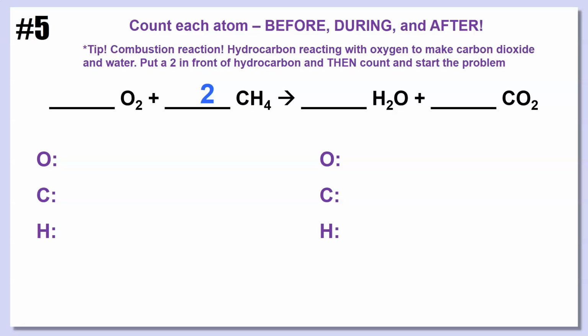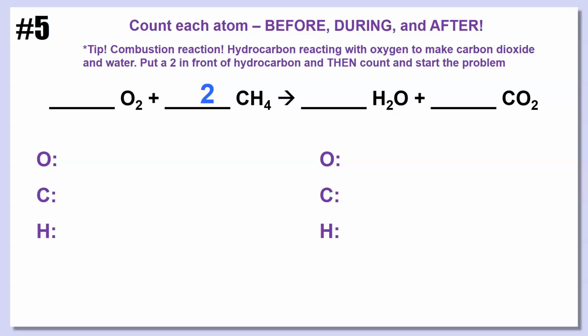It may not be necessary, but it will force everything to become an even number. And hydrocarbons have a bad habit of being odd, even, mismatched numbers. Because if you look, we have an even number of oxygens here, but we have an odd number of oxygens on this side. It gets a little bit hard. So I find most people do much better by putting the 2 here before they begin.